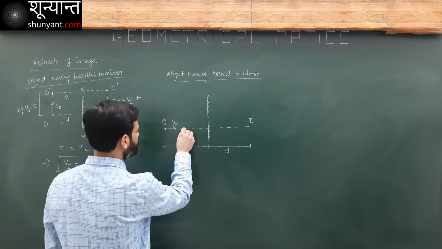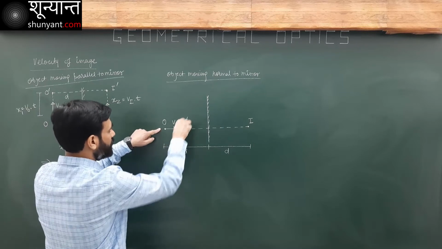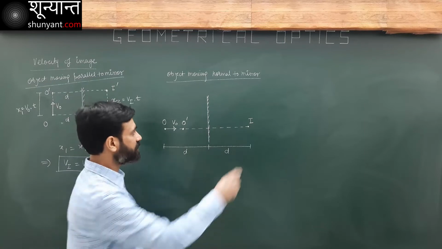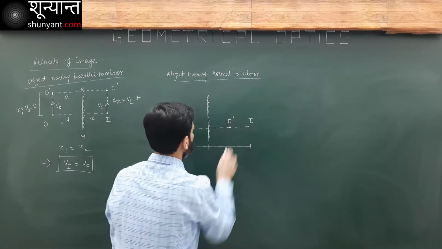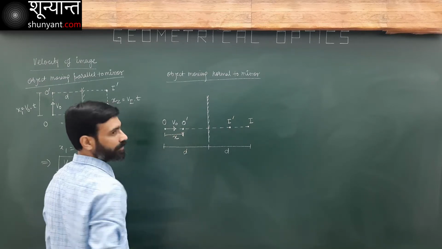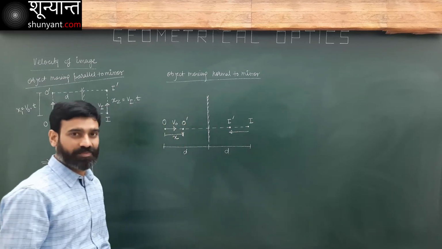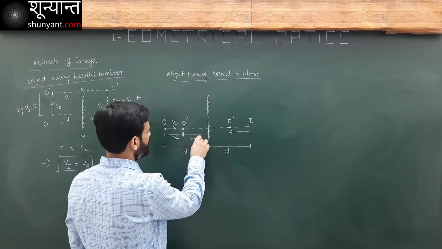After some time, it moves some distance. Object reaches from this point to this point. So image will also change, because image distance is always going to be equal to object distance. Image will reach this point here. This is I dash. Now, if this distance is equal to x, then what will be this distance? Simple geometry. This is x. Then this remaining distance is going to be d minus x.